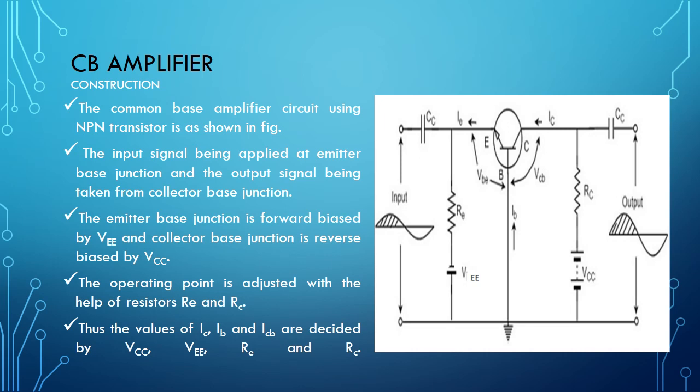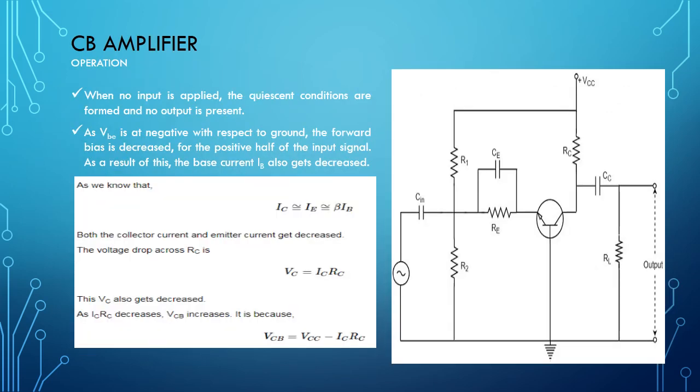As the forward bias voltage at the emitter base junction reduces, the base current IB decreases, then IC also decreases, because IC is equal to beta into IB. So as a positive going signal increases, that decreases the forward bias voltage between emitter and the base. Then your base current decreases.